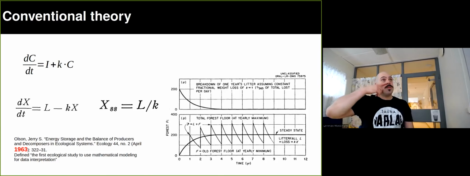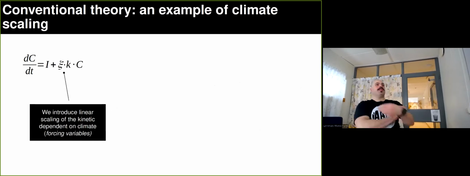And this was developed when there were no computers, and it was working surprisingly well already at that time. This is what is striking for me, that you can describe the decomposition of soil organic carbon no matter where you are, no matter the conditions, with something very simple.